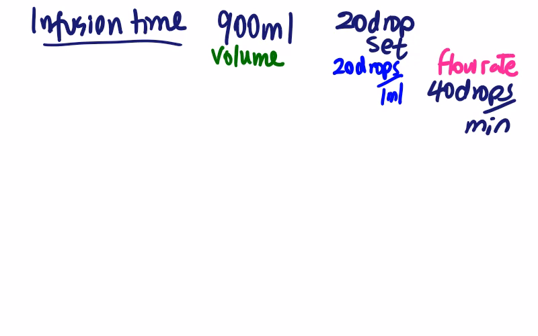First thing I would suggest is we always start with what we want to infuse, which is the 900 mils. And then you look around. You have two sets of information. Set A here and set B, the flow rate there. Which one contains the same unit we already have with our volume that we want to infuse?